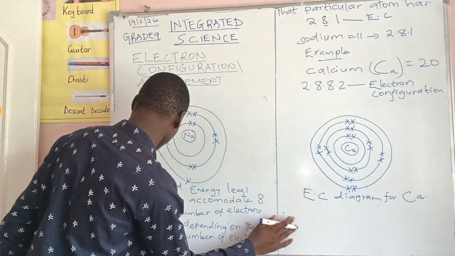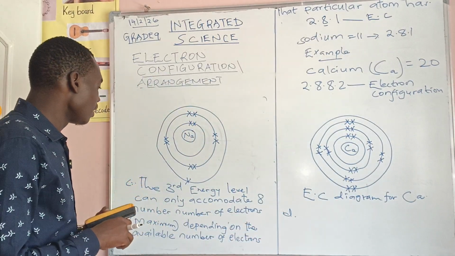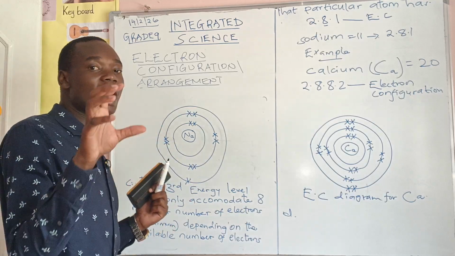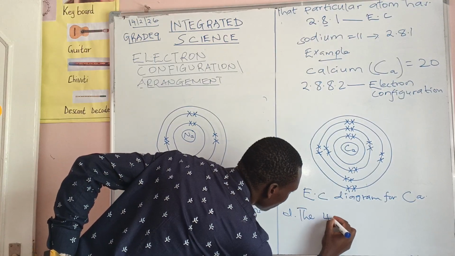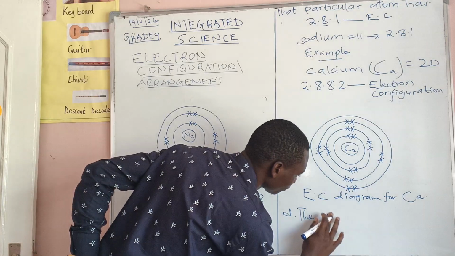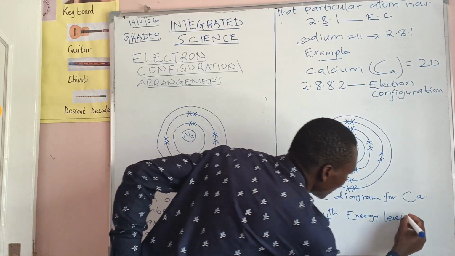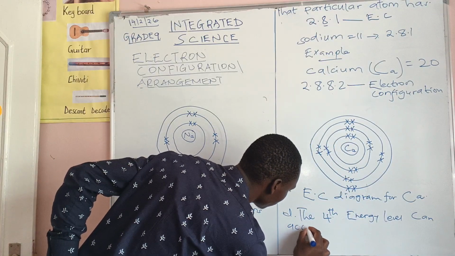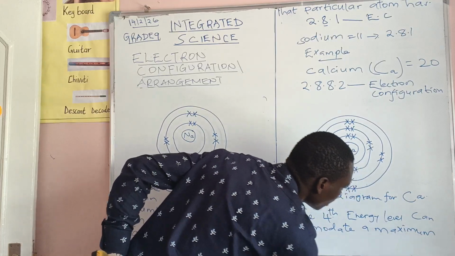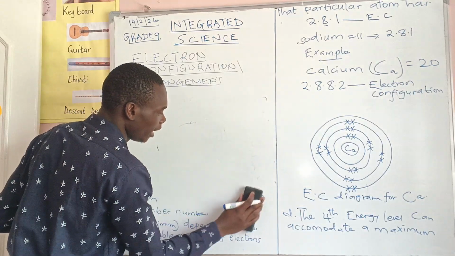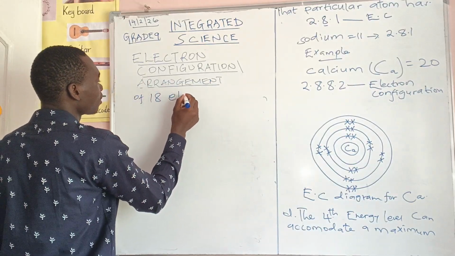The fourth rule says that the fourth energy level can accommodate a maximum of 18 electrons.